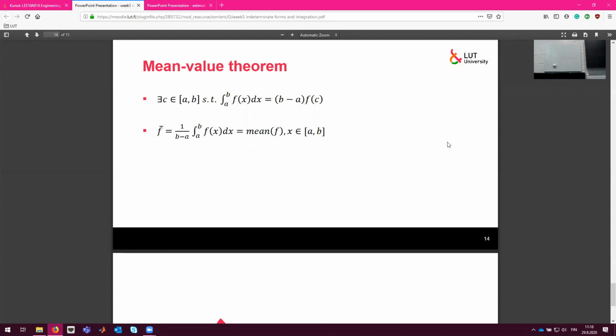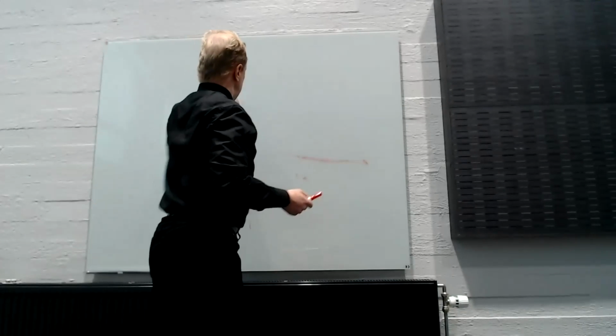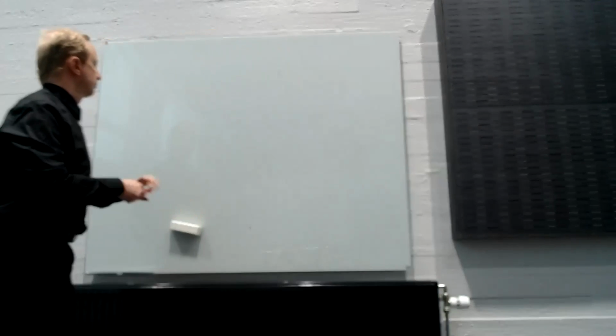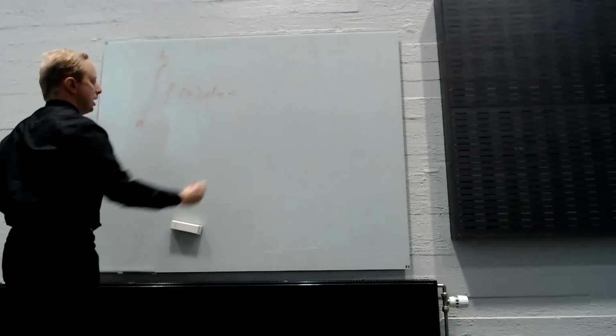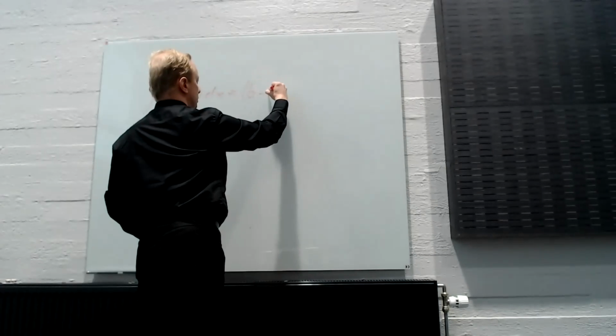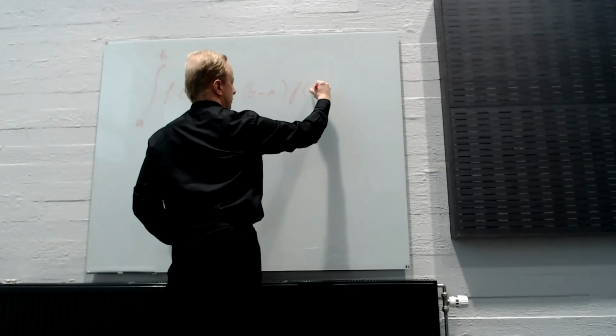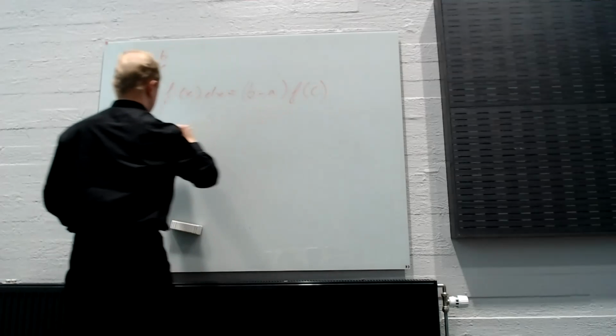This comes immediately from here. The mean value theorem was that the integral from a to b of f(x) dx is the same as the interval length b minus a times some f(c), where f(c) is the mean of f(x) on that interval.